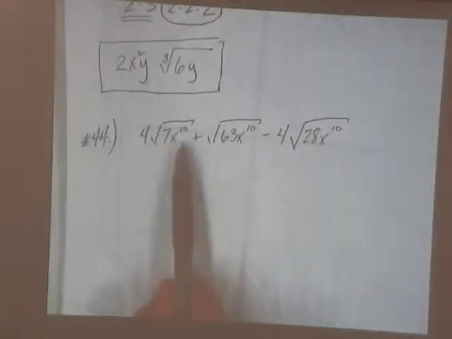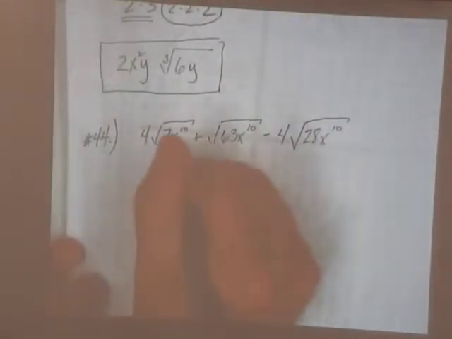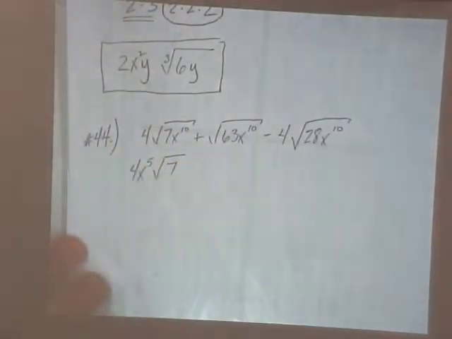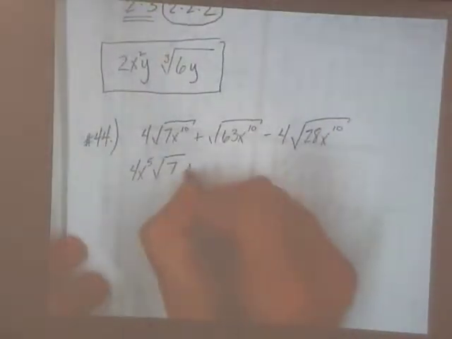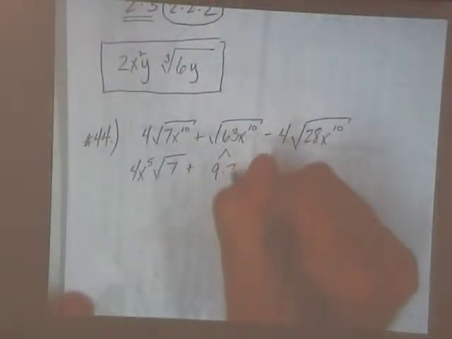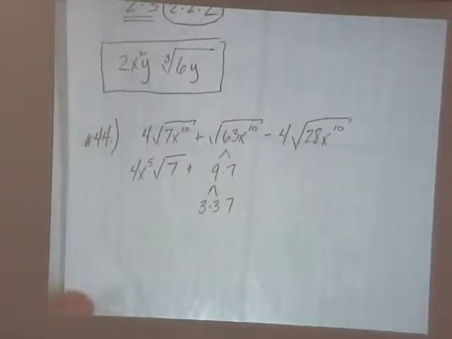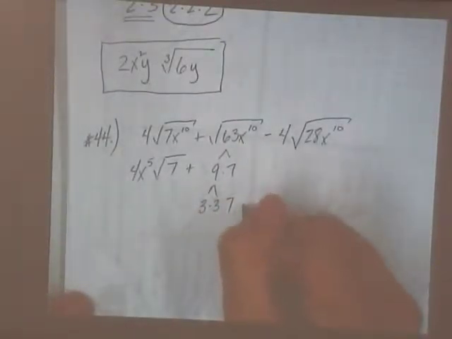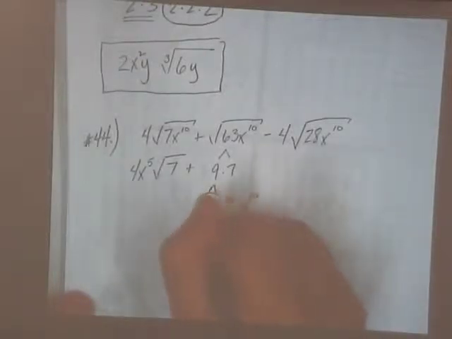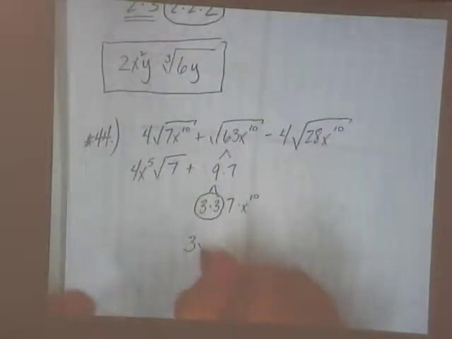How about the square root of x to the 10th? x to the 5th, right? So that's going to end up being 4x to the 5th, square root of 7. How about 63? We can break that down into 9 and 7, 3 and 3 and 7. Got a pair of 3s, so we can pull one of those out. 2 goes into 10, so that'll be x to the 5th and square root of 7.